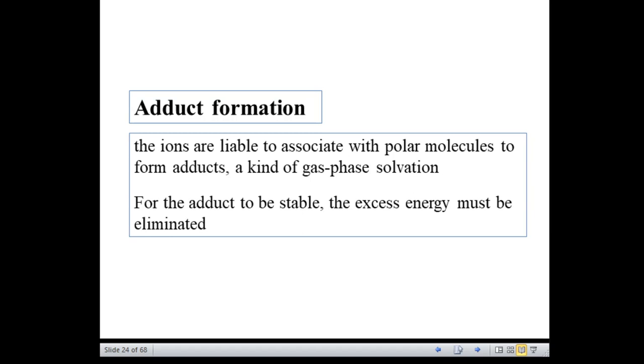So if you look at the stability, for the adduct to be stable, the excess energy must be eliminated, and the elimination can only be possible with a third partner or another molecule. So the removal of the excess energy requires a collision with a third partner.